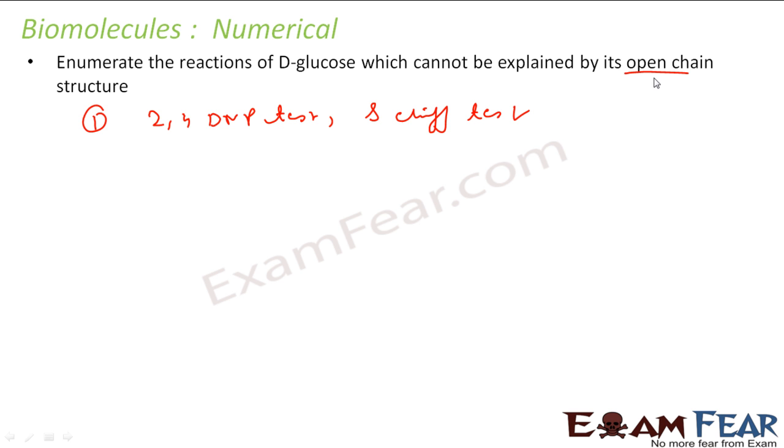So with the open structure you can't explain this reaction, because the open structure talks about a free aldehyde. The next is that the pentaacetate of glucose doesn't react with hydroxylamine. That is because the pentaacetate of glucose exists only in the cyclic form, even in aqueous medium. So that's why it does not react with NH2OH.